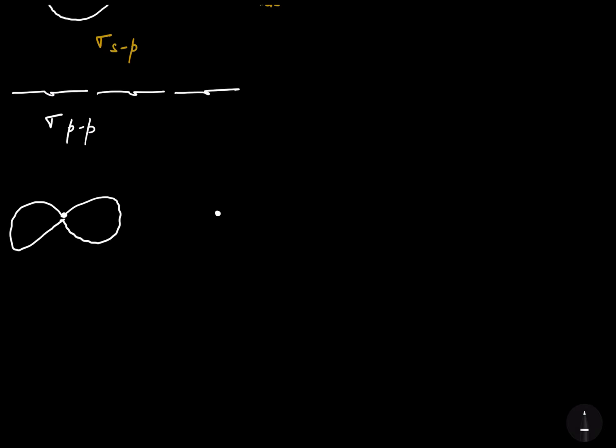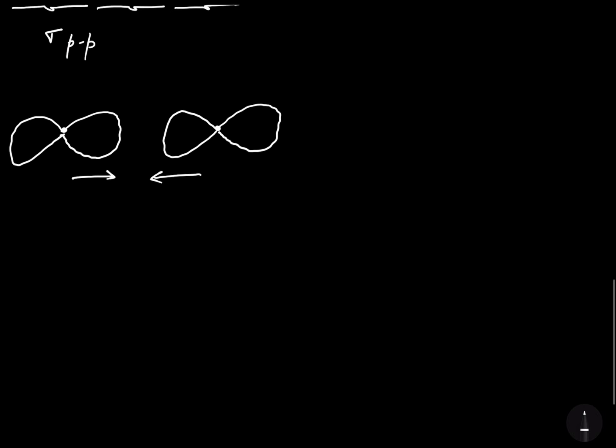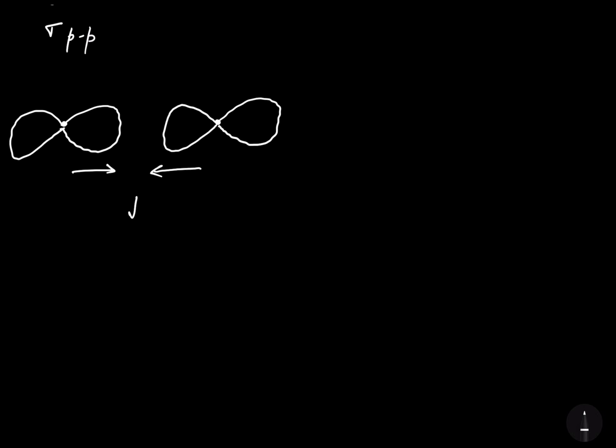This is the nucleus of the another atom and this is again the dumbbell shaped p orbital of the another element. Now again for the covalent bond formation, both the orbitals will approach each other for overlapping.